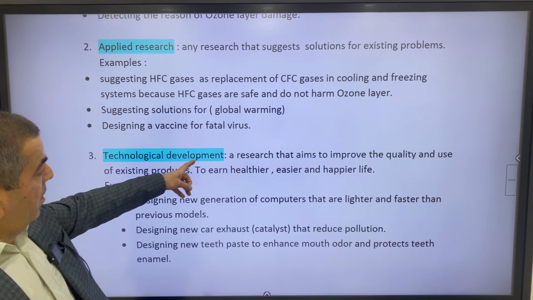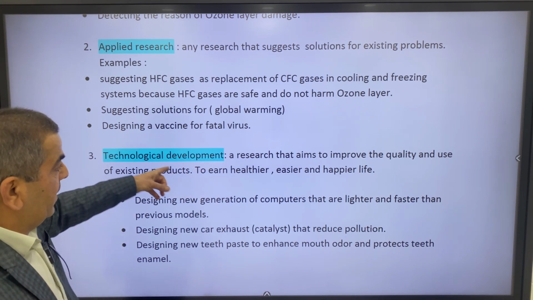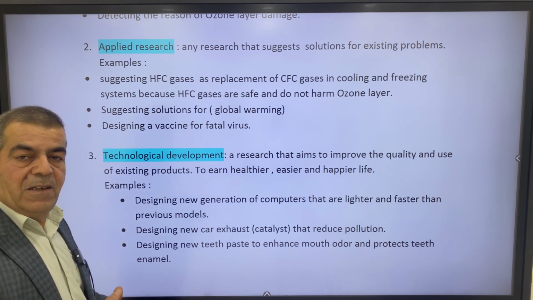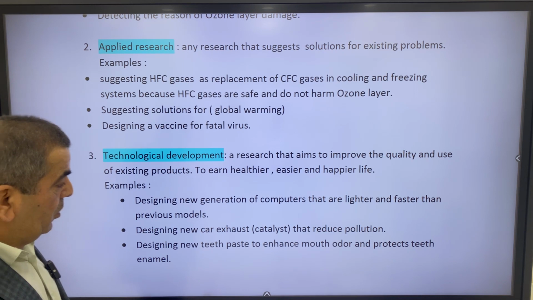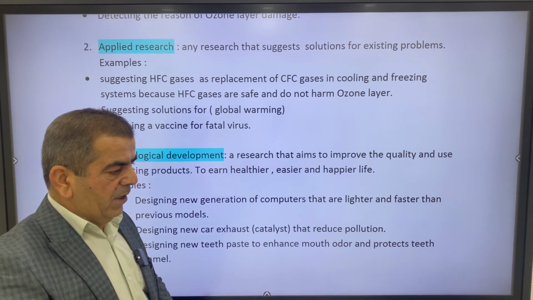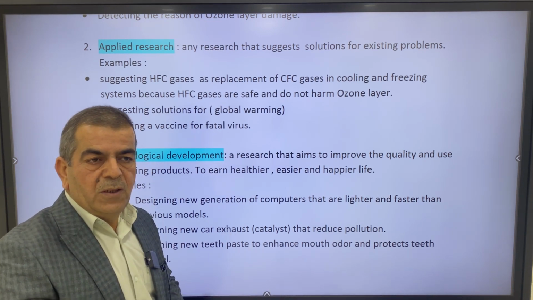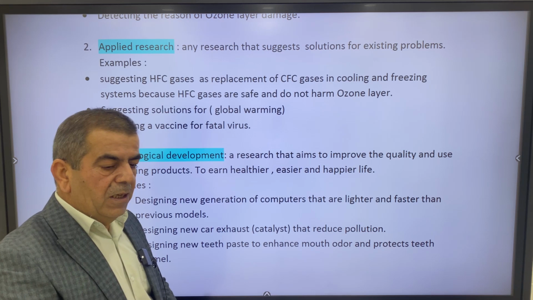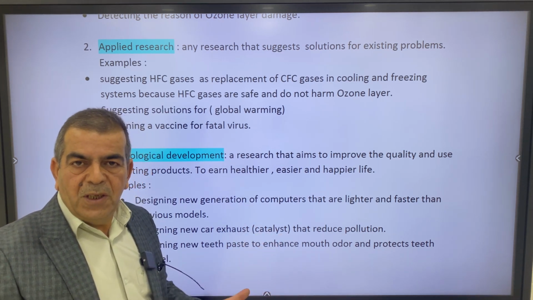You see, it's development, which means there is no problem. There is development, there is enhancing, making things better. In technological development, we don't have a problem to solve. No, we have products and we suffer with it, but we want to improve our life. We want to make our life healthier, safer, more joyful, happier life.